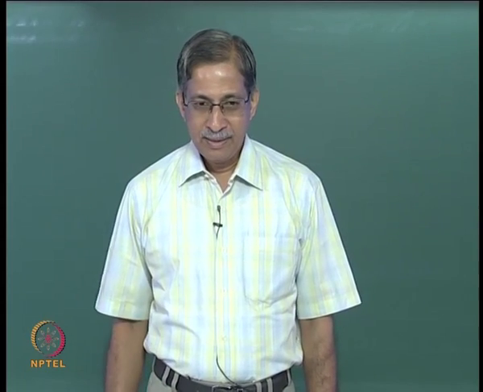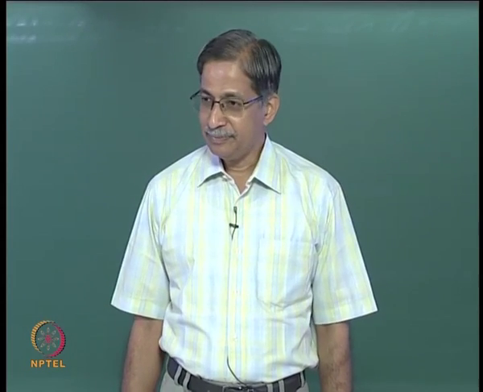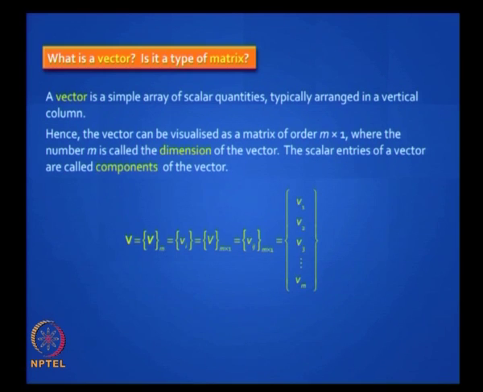Okay, so it's typically arranged like this, and again you have a bold letter to describe the vector, but here the brace we use just for convenience is a curly brace, but if you put a square brace you are not really making a mistake because it is after all a type of a matrix.